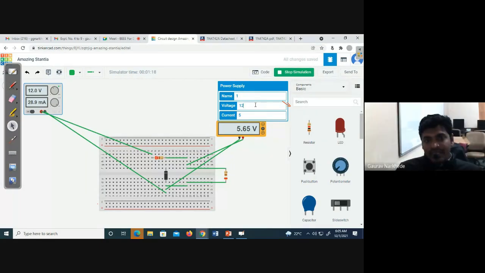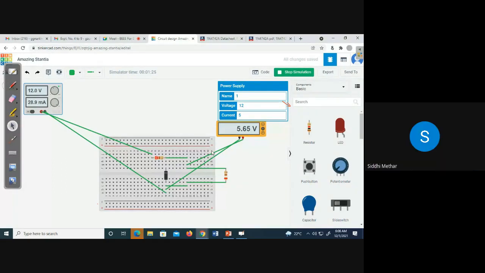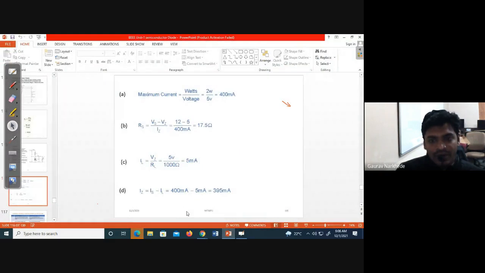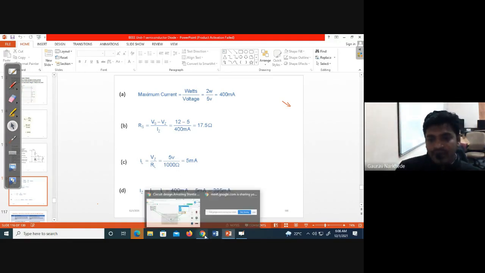So it is providing the line regulation as well as the load regulation. Any problem in this? No, sir. Simple है। So this is Zener diode as a voltage regulator. हमने प्रॉब्लम भी देखा और प्रैक्टिकली भी देखा कि हाउ इट इज एक्टिंग एज अ वोल्टेज रेगुलेटर। इक्वेशन सिर्फ 3 है एंड दे आर वेरी सिंपल.